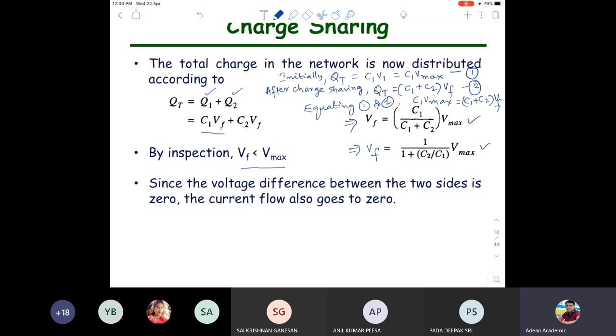So Vf is less than Vmax. Since the voltage difference between the two sides is 0, the current flow is also 0. So this is how we have calculated the Vf value: after sharing, the voltage that both capacitors will have is Vf equal to C1 by C1 plus C2 into Vmax. Okay, so that is one.